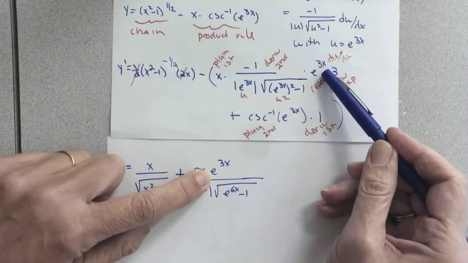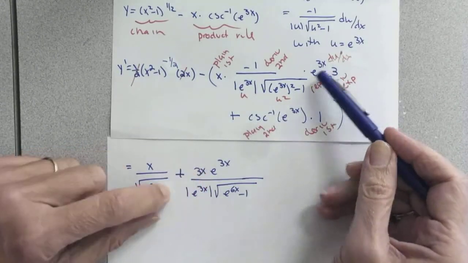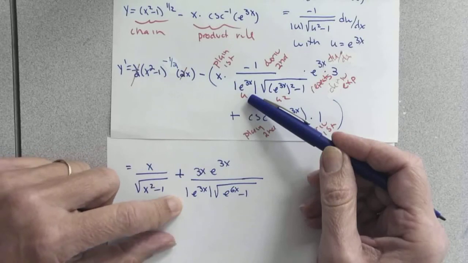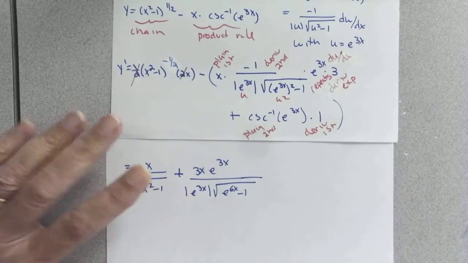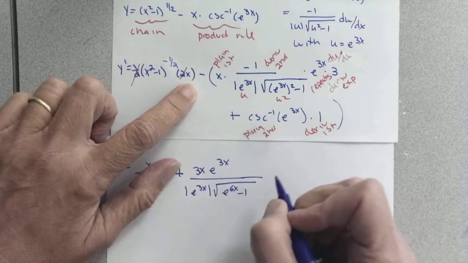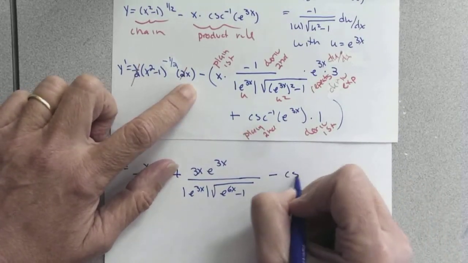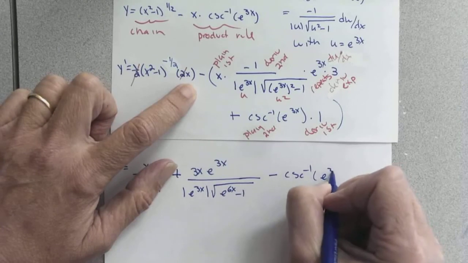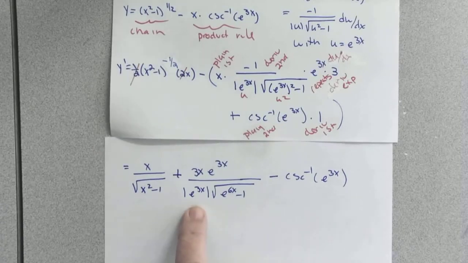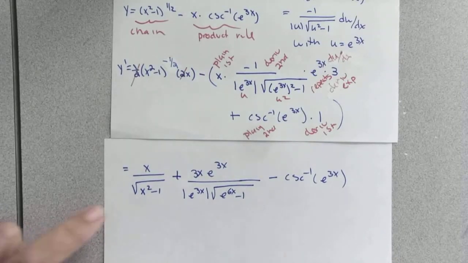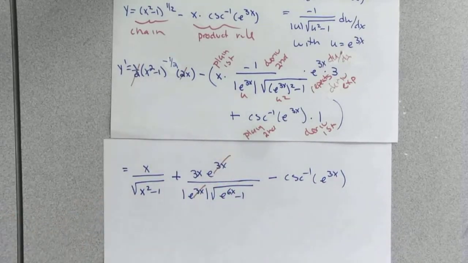I had an e to the 3x, there's the e to the 3x. In the denominator, had the absolute value. Then the radical and exponents to exponents multiply. Distributing that minus sign, so then it's going to be minus cosecant inverse e to the 3x. Then e to the 3x is always positive, so those guys cancel.